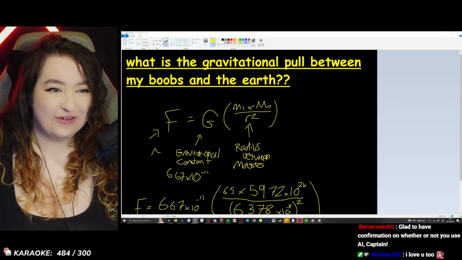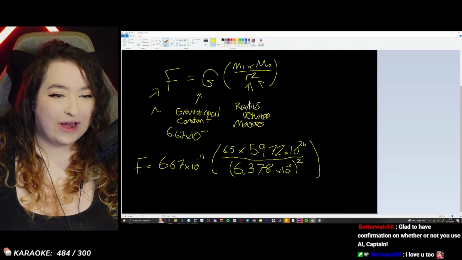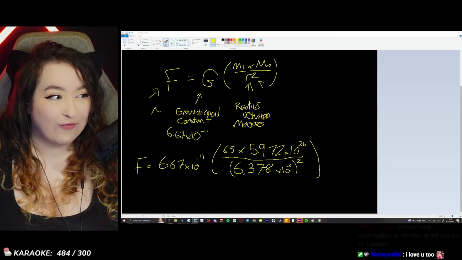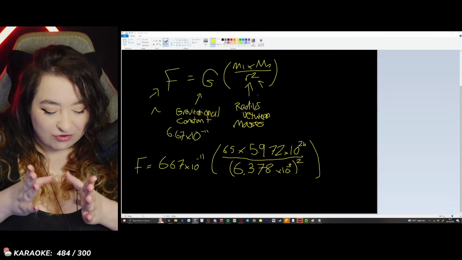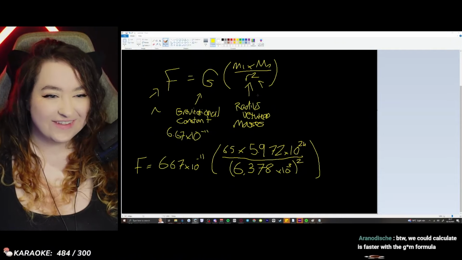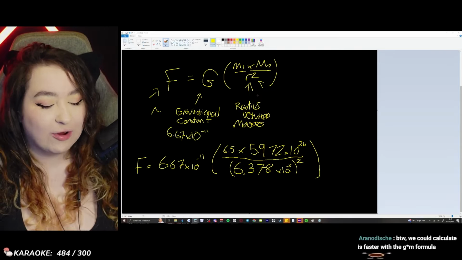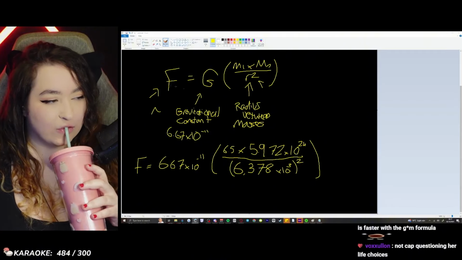Listen, it's divided by r squared, the square of a radius. That's a lot. So the further apart they are, the less the force.